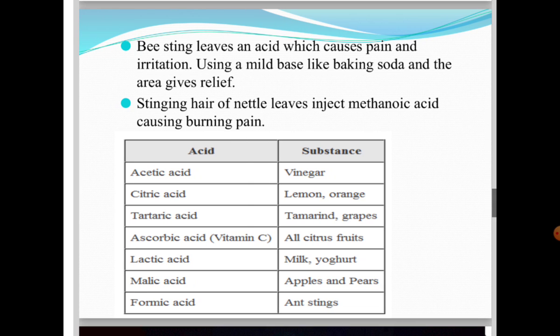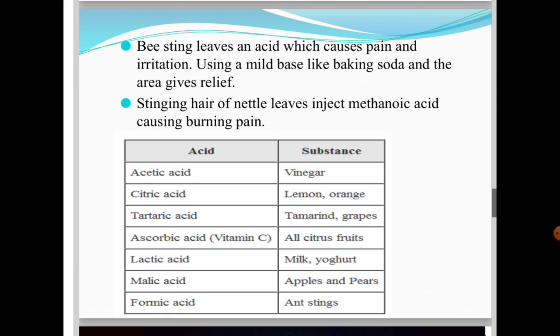Using a mild base like baking soda on the area gives relief. Stinging hair of nettle leaves injects methanoic acid, which causes burning pain.